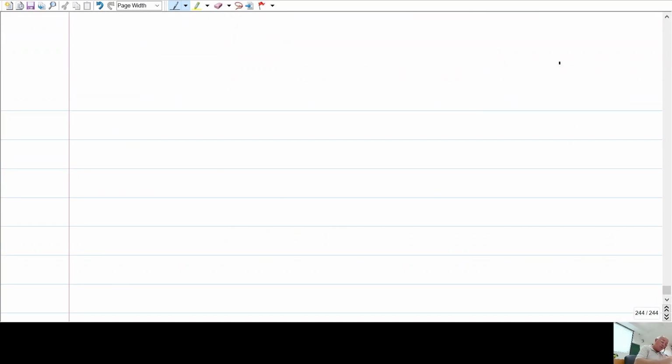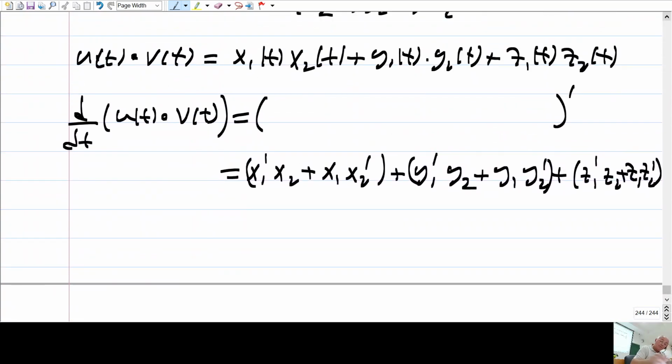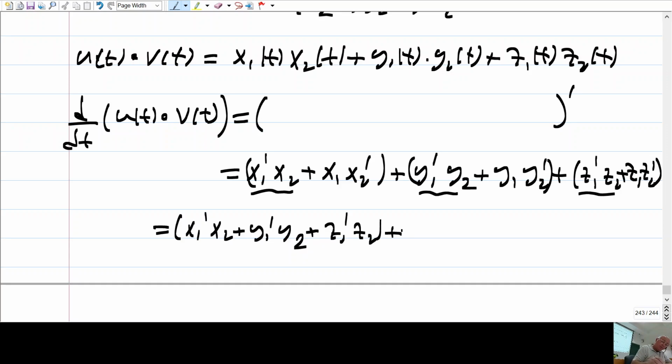And then we can do the following. You see, okay, I group these three terms. So x1 prime x2, y1 prime y2, z1 prime z2 plus the remaining ones, x1 x2 prime, y1 y2 prime, and z1 z2 prime.